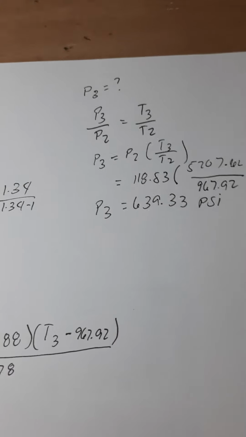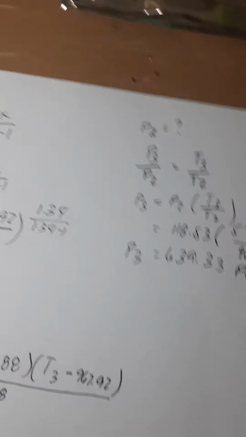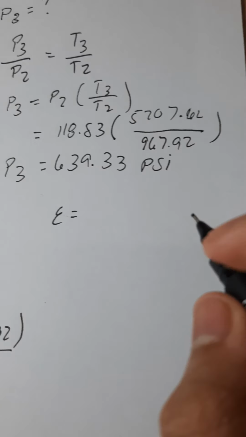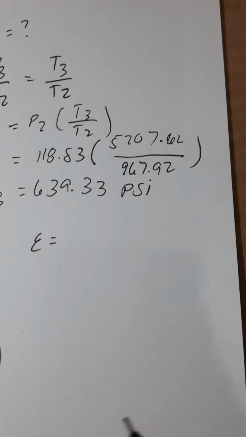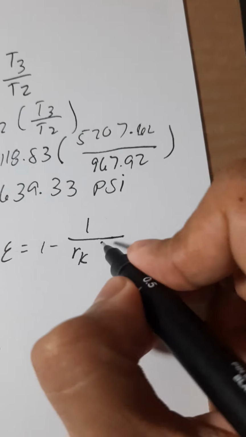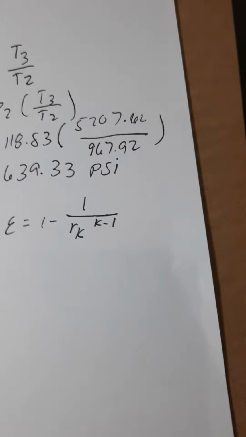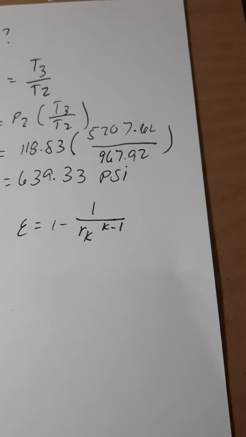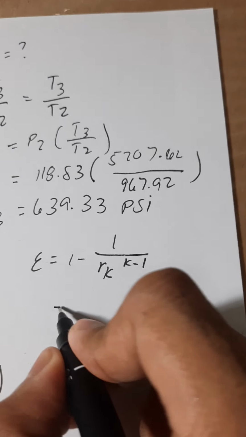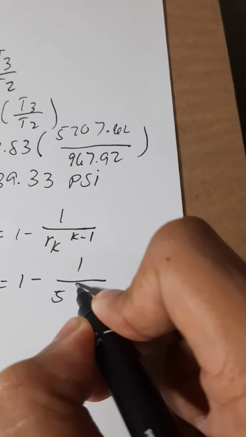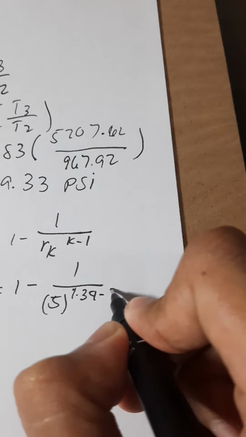So the next unknown is the efficiency. For the efficiency, here is the equation: 1 minus 1 over RK to the K minus 1. This is a derived equation. Hindi ko na siya dinerive kasi masyado ding mahaba, time consuming. So substitute na lang natin 1 minus 1 all over RK, which is 5, to the 1.34 minus 1.